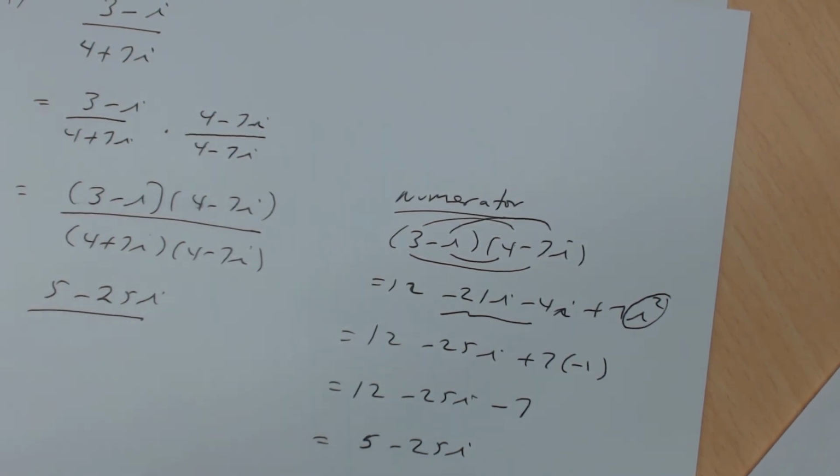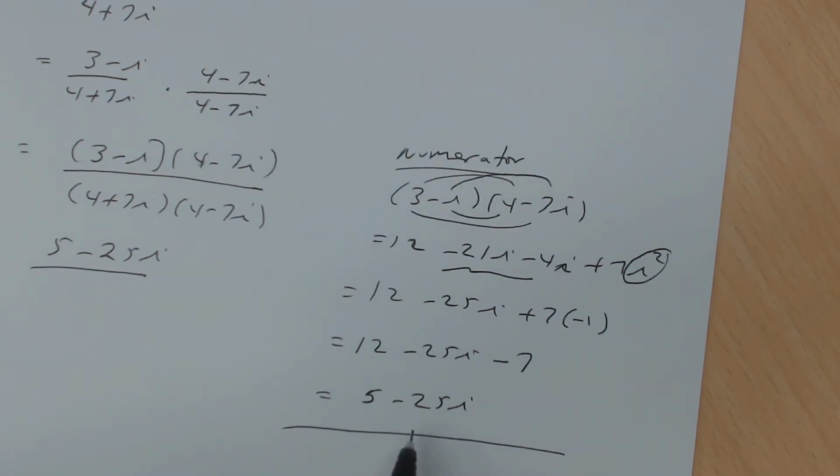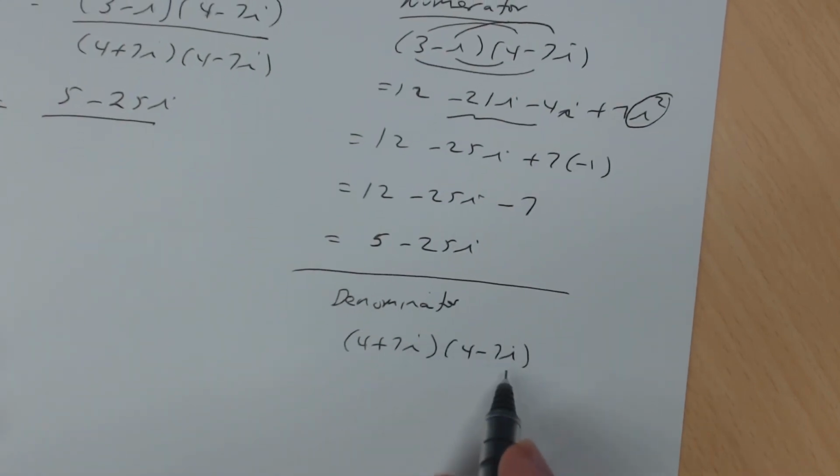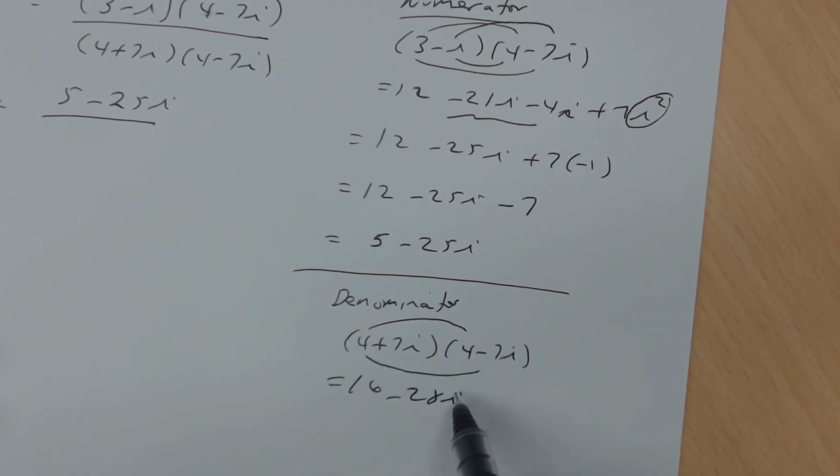So a plus bi. Okay, now when I do the denominator, remember the outer and the inner better cancel, and it better end up with a real number. So there should not be an i in the denominator. So let's do the denominator. So I get 4 plus 7i times 4 minus 7i. Using FOIL, 4 times 4 is 16. The outer is a negative 28i. The inner is a positive 28i, and that's what we wanted.